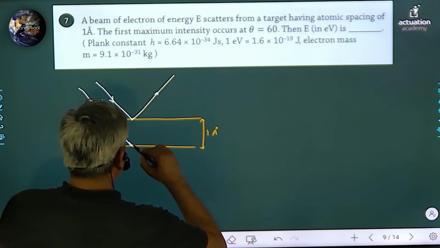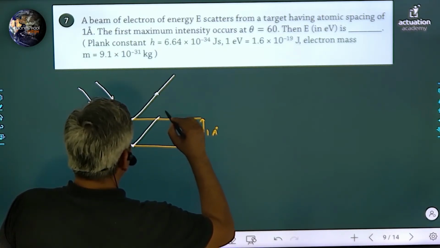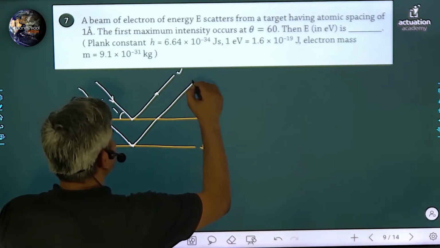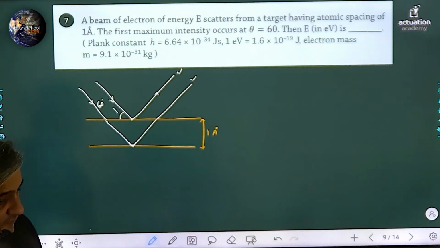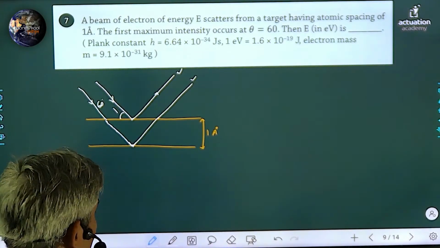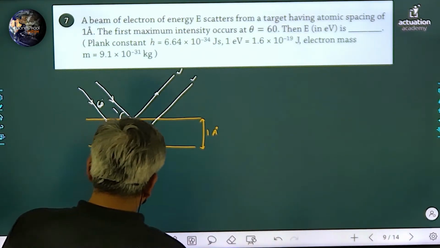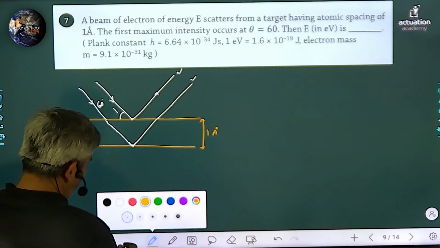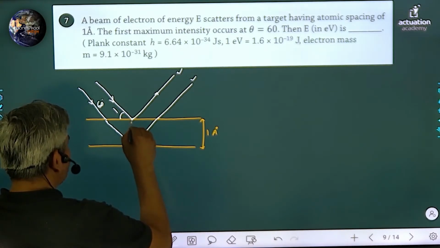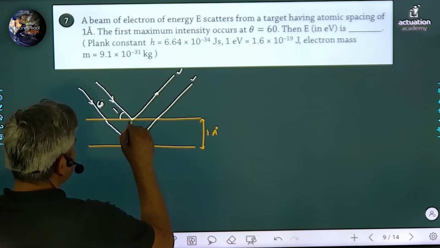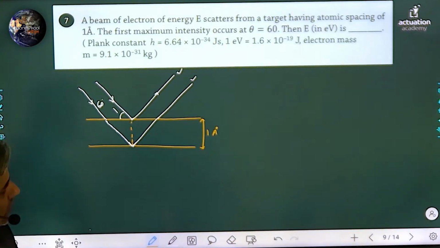Now they will go back, and both of these two waves will interfere with each other, and they'll create the diffraction pattern. Now let's simply solve it. We need to find the path difference and write down the condition of maxima.